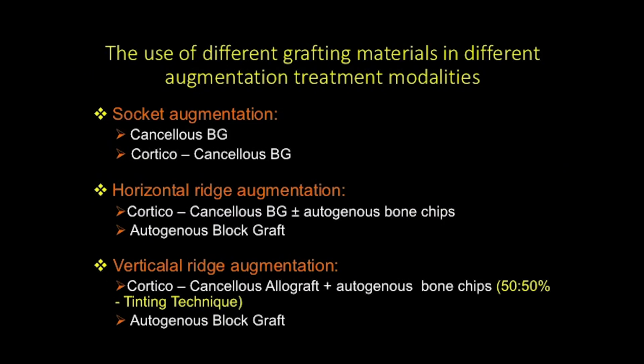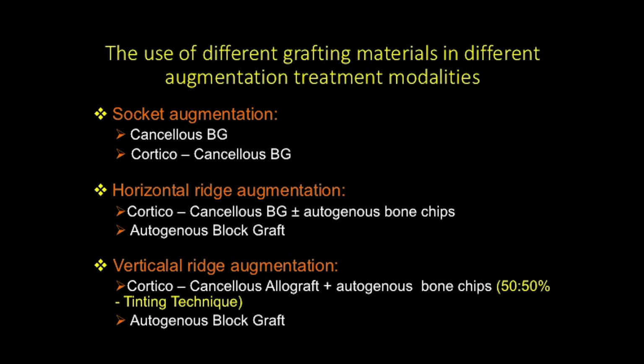There are different grafting materials in different augmentation treatment modalities. For example, when you do socket augmentation, I usually use the cancellous bone graft if I have the buccal bone intact. But if you have loss of the buccal bone, then you have to use corticocancellous bone graft, whether it is xenograft or allograft. If you do horizontal ridge augmentation, you have to use corticocancellous bone graft plus autogenous bone chips, or you can use autogenous bone graft to start with.